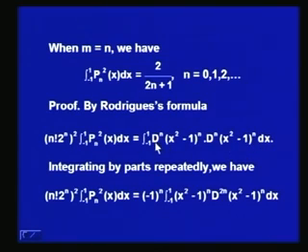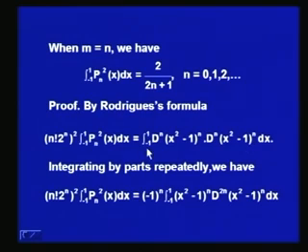Now, when we integrate the right hand side by parts, if we integrate it once, what will happen is that we will have the integral of dn (x square minus 1)^n, which will give us dn minus 1 (x square minus 1)^n, into dn of (x square minus 1)^n.